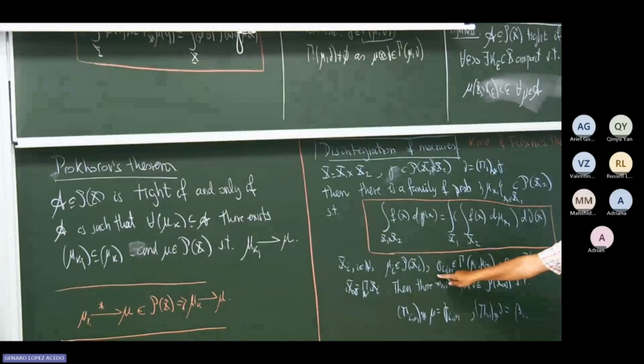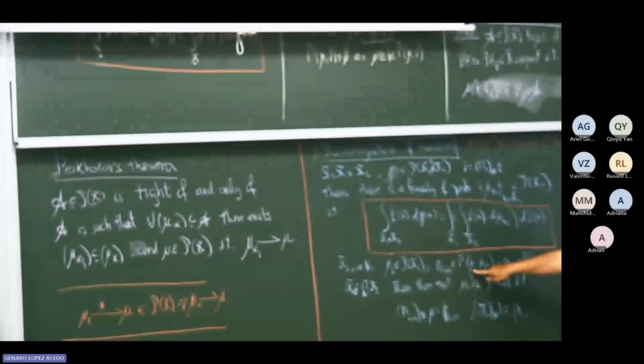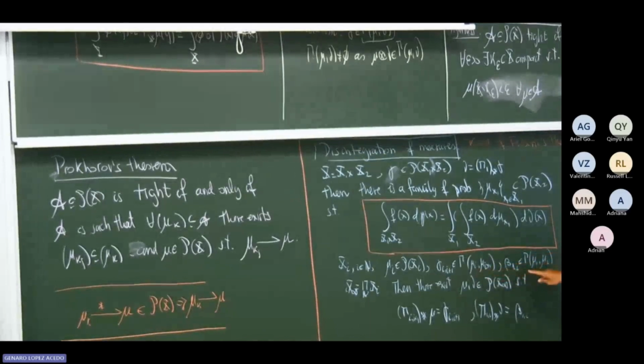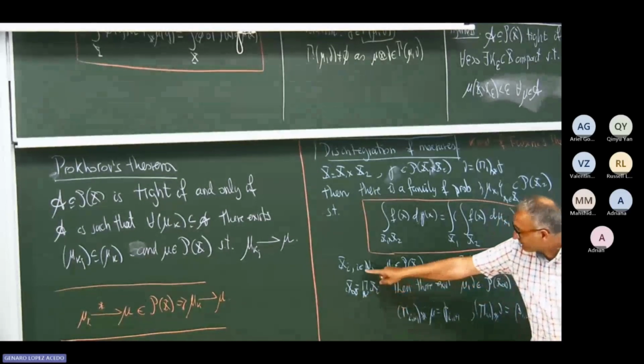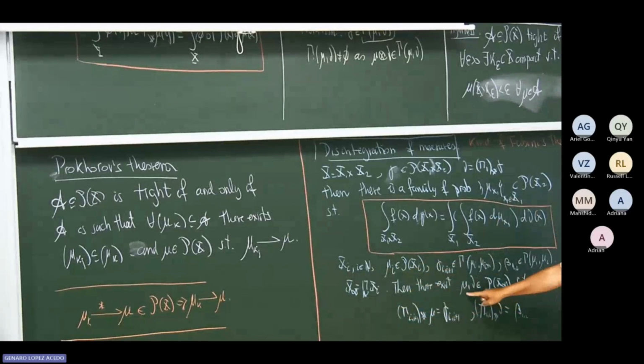right? A coupling that goes from one probability to the next one, and a coupling that goes from the first probability to the i-th probability. Okay. And then what it says is that if we consider the product space of all the X_i, we can find probabilities in that big space such that the marginals behave very well for our purposes.